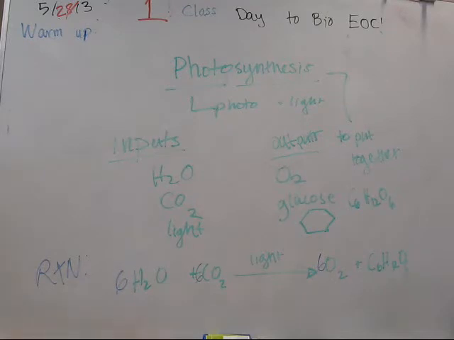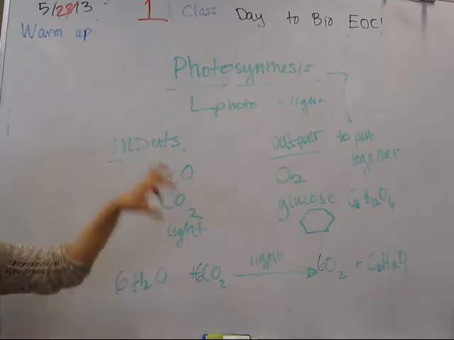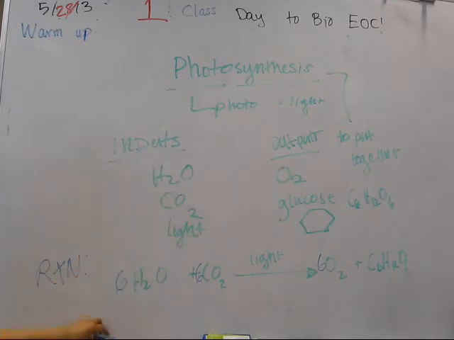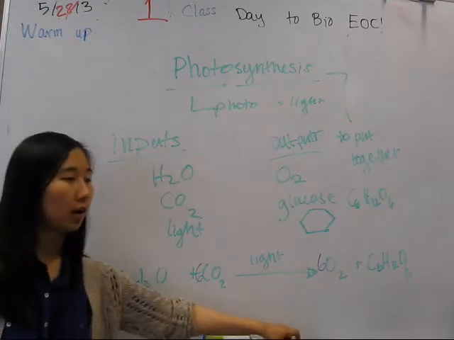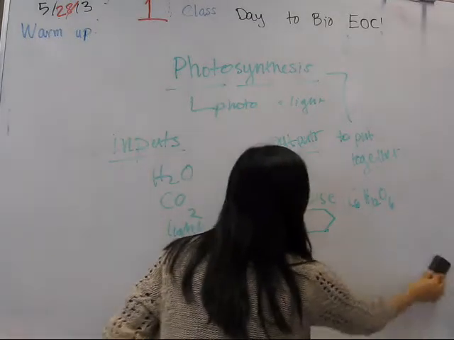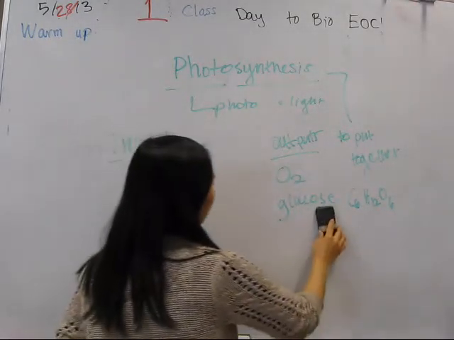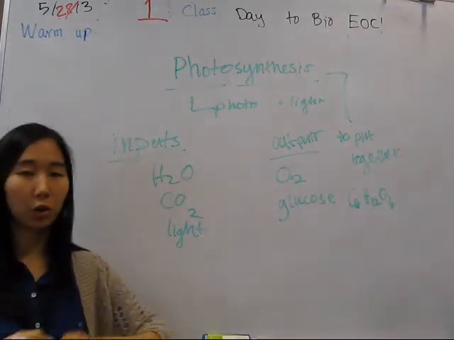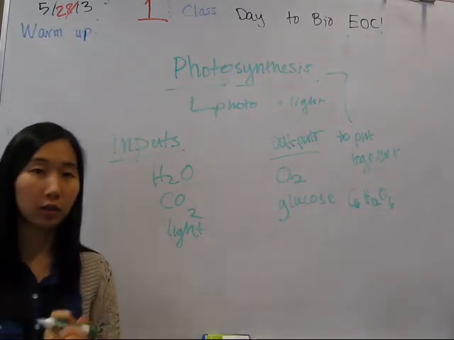Once you have this, you need to understand where on the plant this all fits together. A typical EOC question would ask, where does photosynthesis happen? So the location of photosynthesis is in a particular organelle, kind of like an organ in the plant.